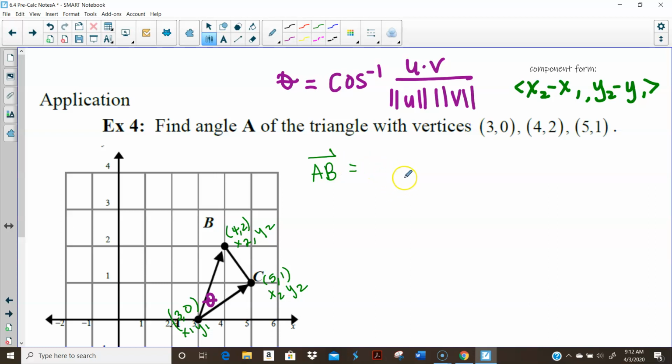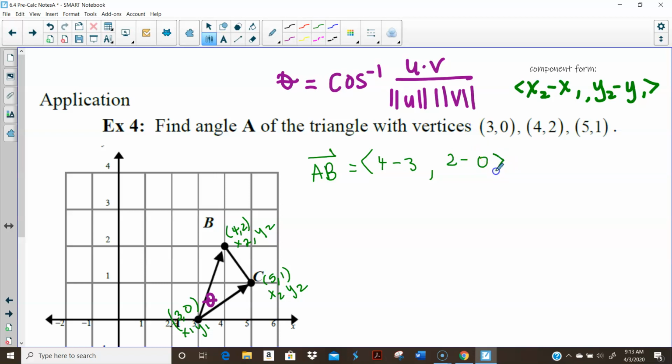To do that, it's x2 minus x1, so this is going to be 4 subtract 3, and then y2 minus y1, 2 subtract 0.